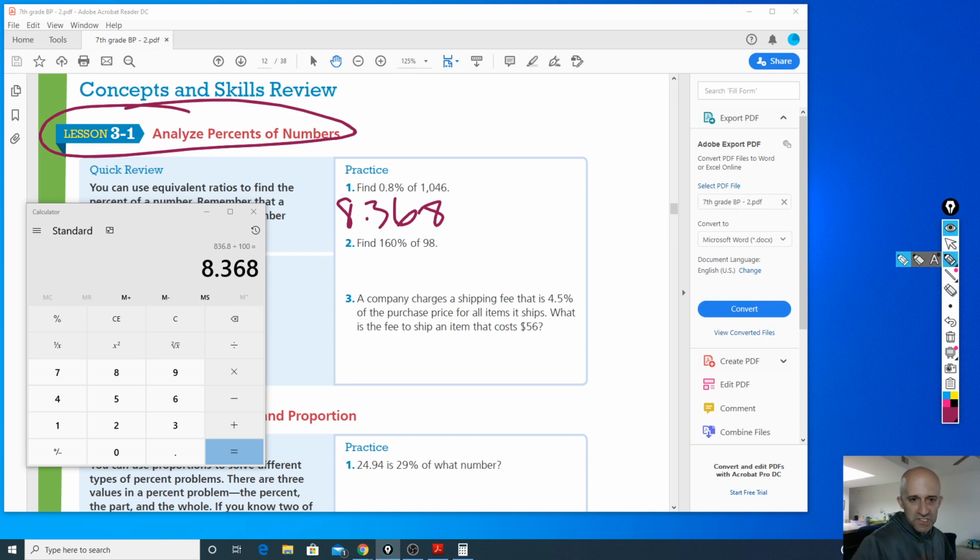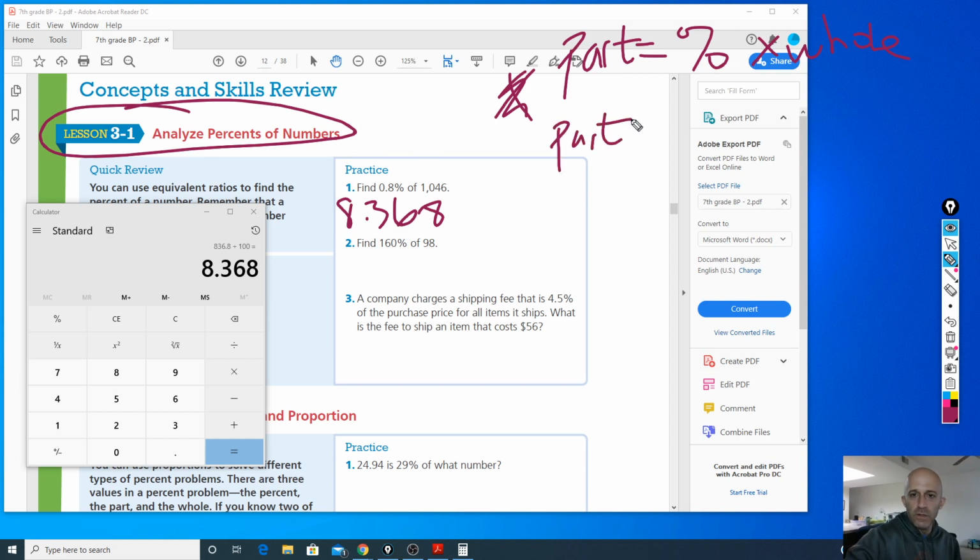You can say, what's 160% of 98? If you wanted to do it the other way, remember part equals percent times whole. That's the other way of doing it here. Part, we don't know, equals the percent, 160%, times the whole of 98.